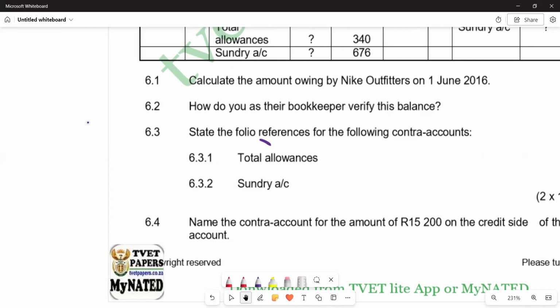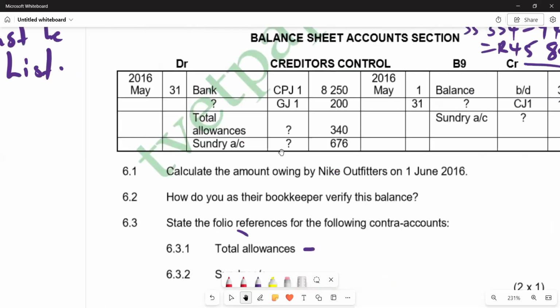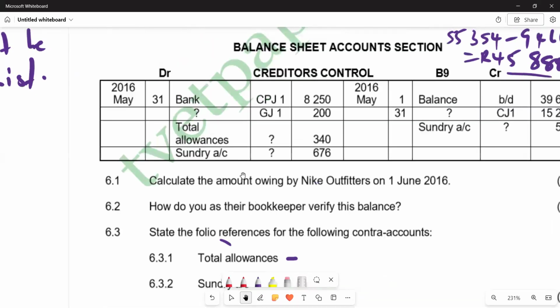Total allowances. So you see that total allowances, the folio reference is going to be your creditors total allowances. We can just go to the question and try to see what we have on total allowances. So total allowances, we are seeing that is on the debit side, and obviously it's reducing the figure that we have on the credit where we are having our creditors balances.